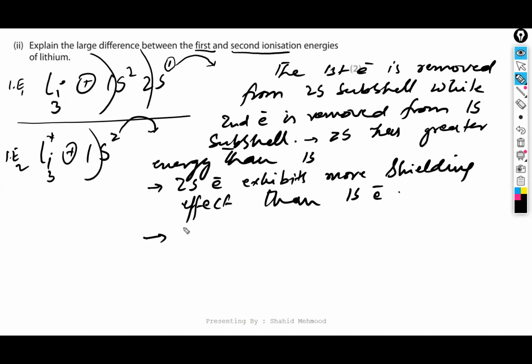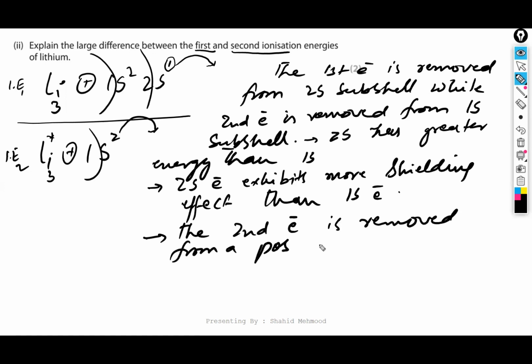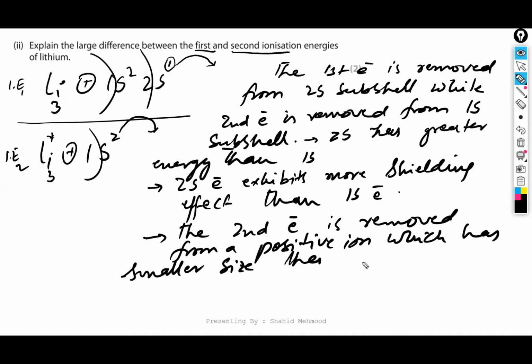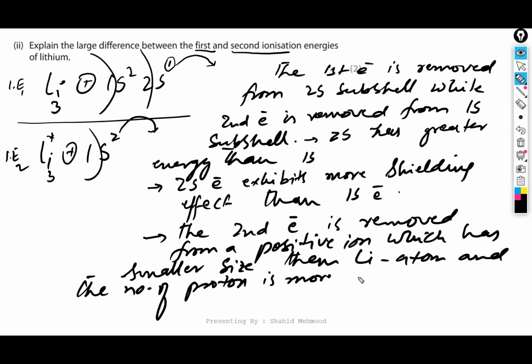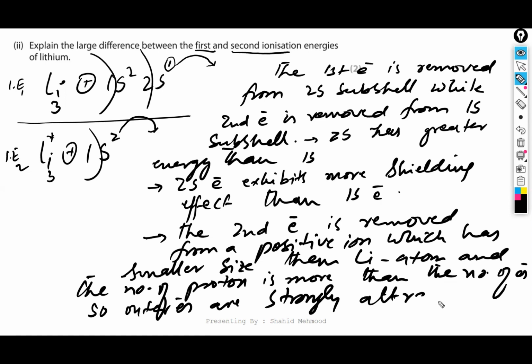The third thing is the second electron is removed from a positive ion which has a smaller size than the lithium atom, and the number of protons is more than the number of electrons. So the outer electrons are strongly attracted and need more energy to be removed.